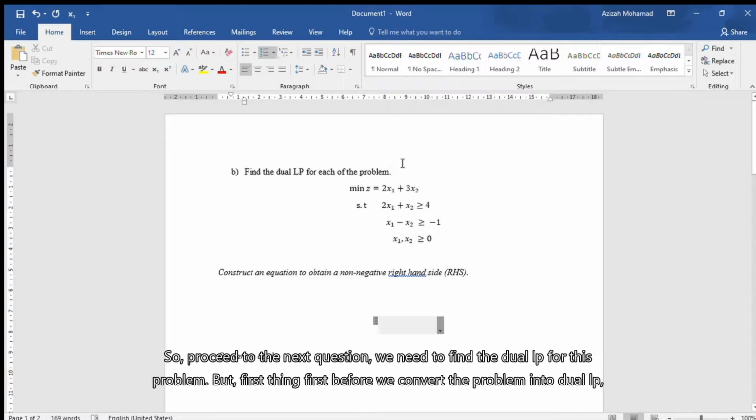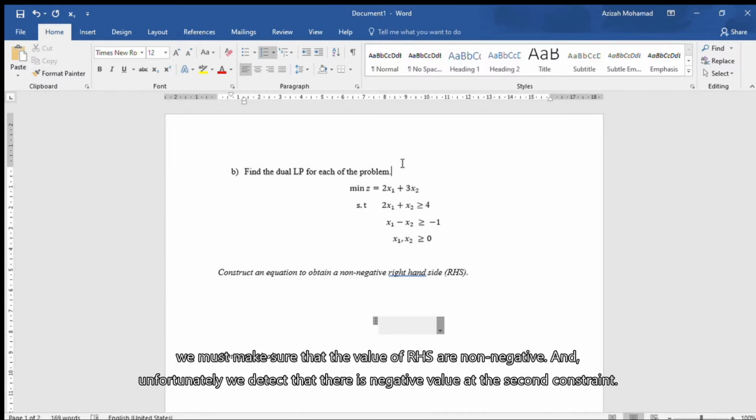We need to find the dual LP for this problem. But first thing first, before we convert the problem into a dual LP, we must make sure that the values of the right hand side are non-negative. And unfortunately, we detect that there is a negative value at the second constraint.